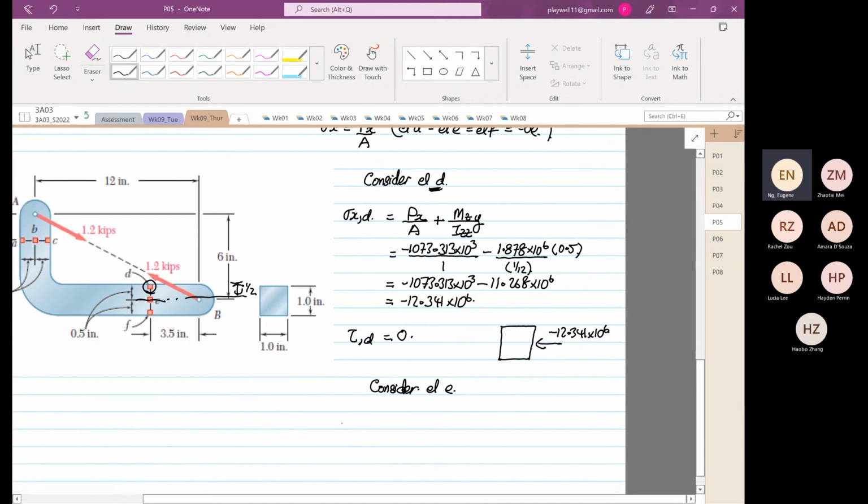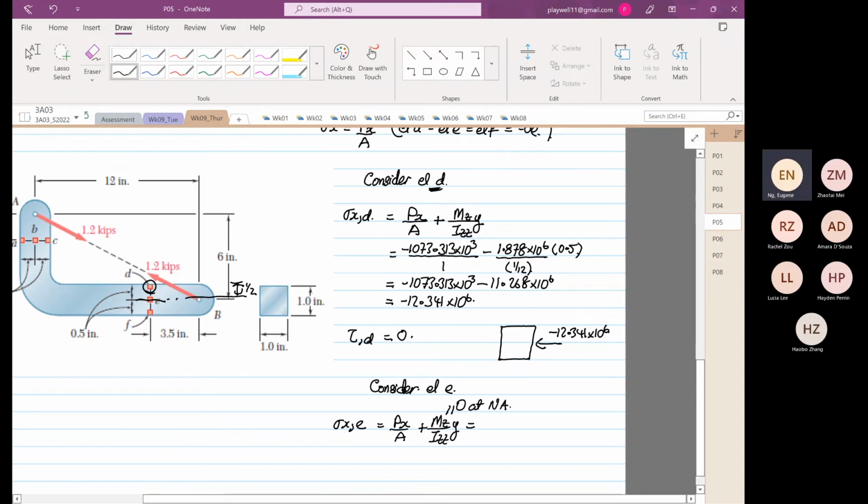All right, so stress σx at element E is equal to Px over A plus Mz over Izz multiplied by y. And this second term is equal to 0 because element E is at the neutral axis.